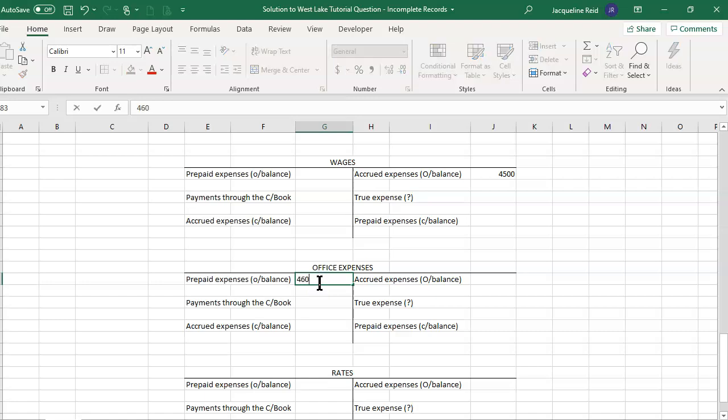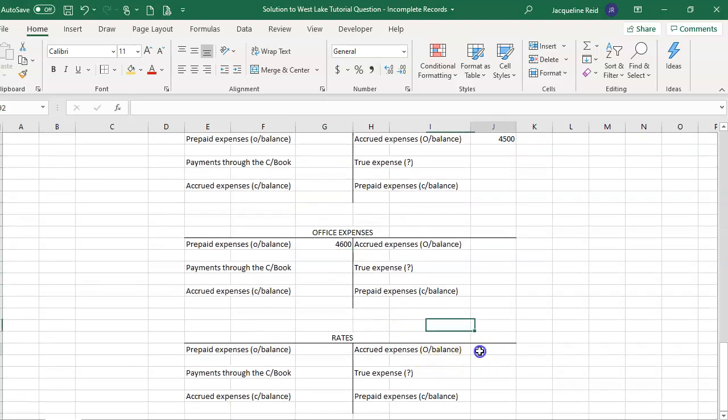So I'm just going to pop that right there. And rates started the year with rates owing of $3,000. So now we have put in the opening balances.